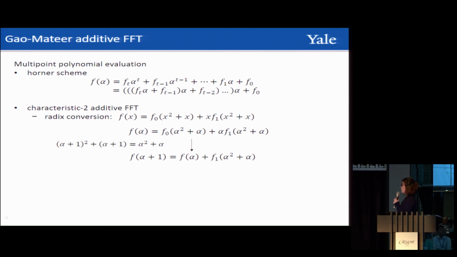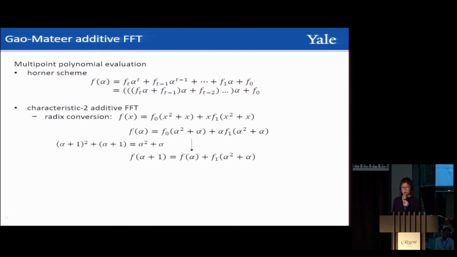So by this stage, we can see that if we want to evaluate the polynomial at all the points in the field GF(2^m), we actually only need to evaluate the polynomial at half of the points, and the other half of the results can be easily calculated by some cheap operations. So what we can do is further apply this process to these half-degree polynomials, f0 and f1, to achieve even fewer cycles.